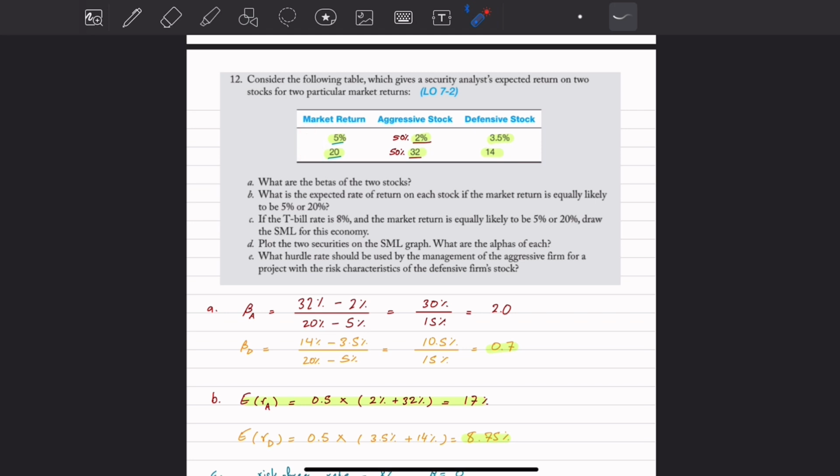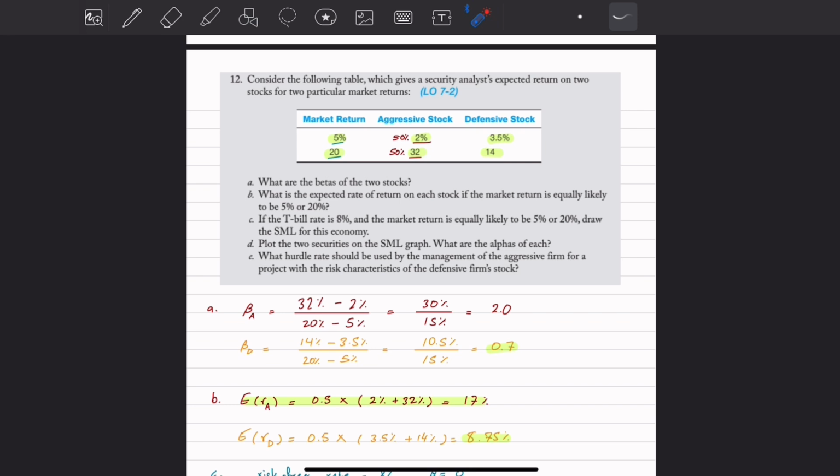In case the market is expected to generate 5%, the aggressive stock would then be expected to generate 2%, and the defensive stock is expected to generate 3.5%.